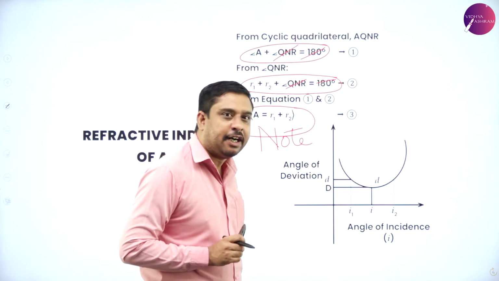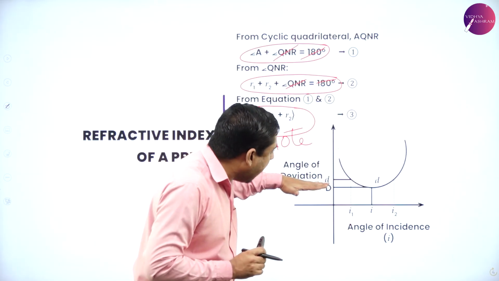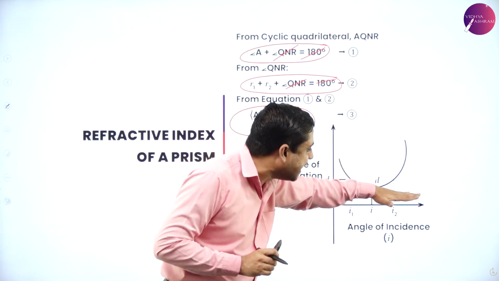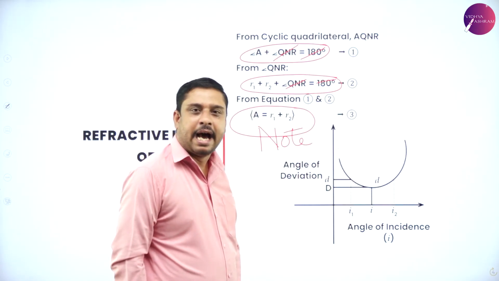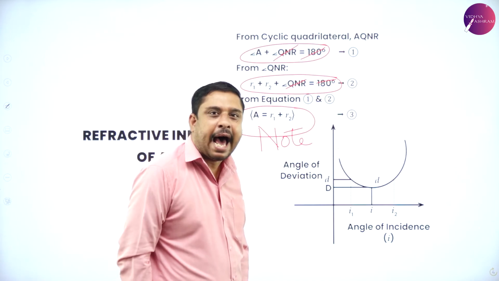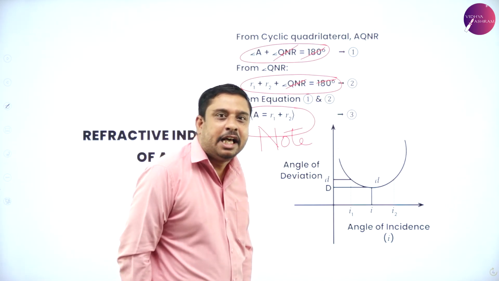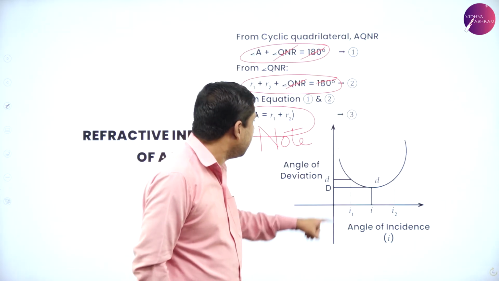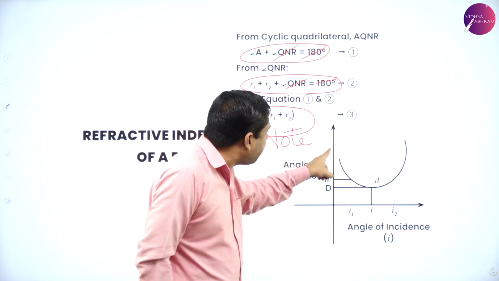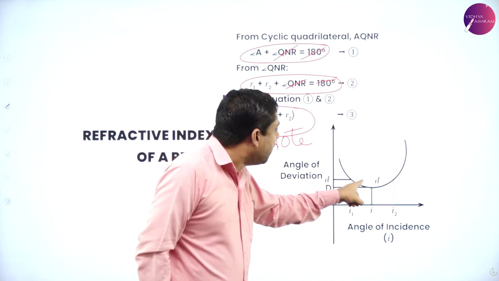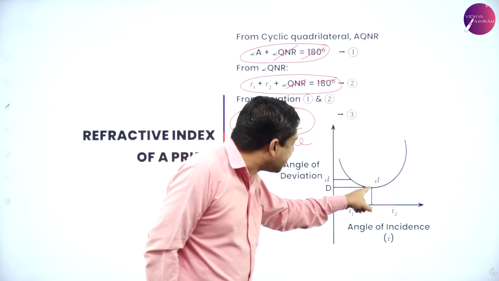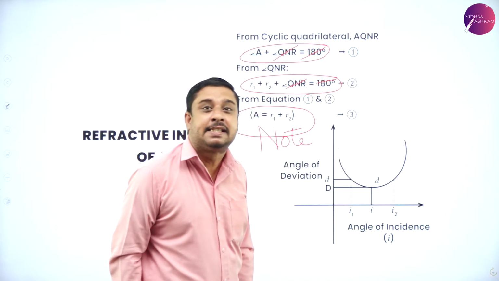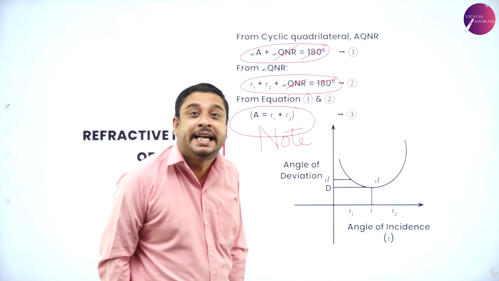If you observe, as the angle of incidence increases, I repeat, as the angle of incidence increases, angle of deviation will first decrease and again increase parabolically.